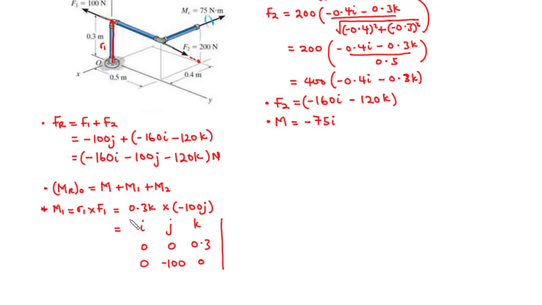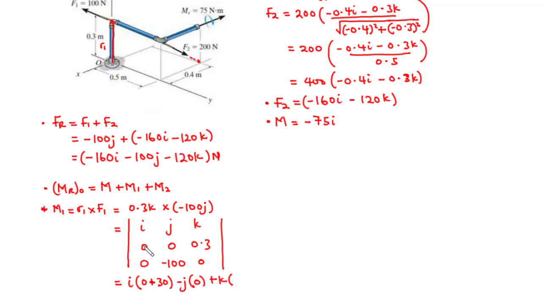So let's work out this. So this will be equal to, we select i, we cancel out the row and column containing i. 0 times 0 is 0, minus negative 100 times 0.3 is negative 30. So it becomes plus 30, minus j, we cancel out the row and column containing j. 0 times 0 is 0, 0 times 0.3 is also 0, plus k, we cancel out the row and column.